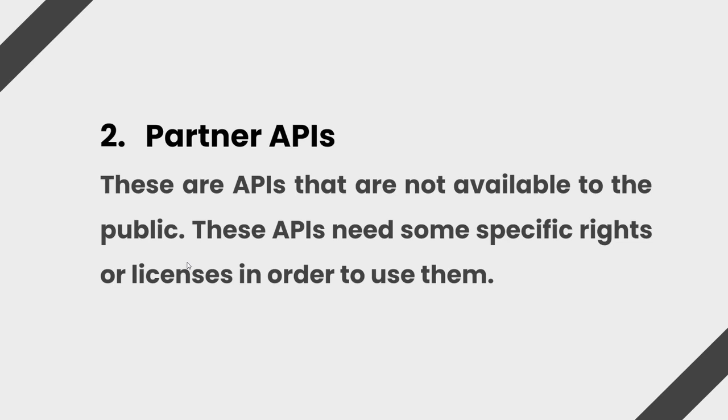Now, to obtain this license, it's mostly a paid license. So you would pay some amount of money or fee in order to make use of these APIs. But as opposed to the first API, which we saw, which is the public API, most times you are not paying anything at all. In fact, almost all the time you are never paying a dime. You just see it and you just connect to it.